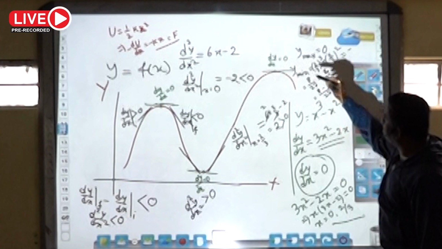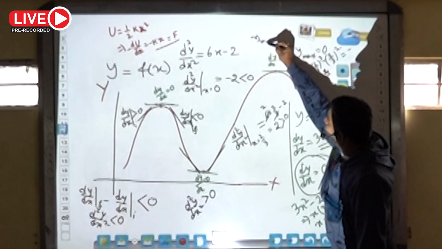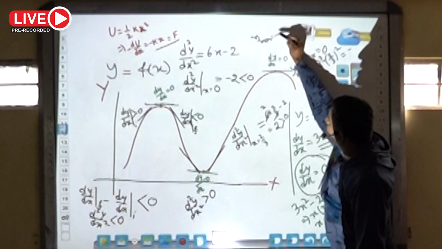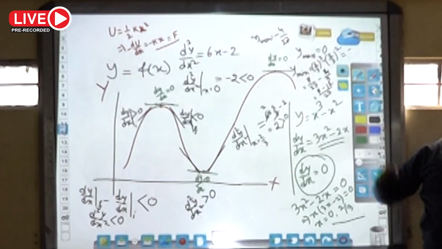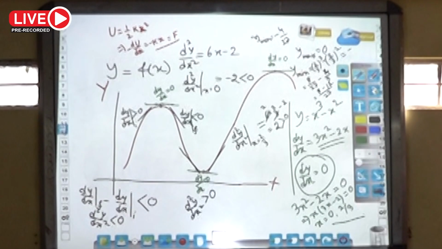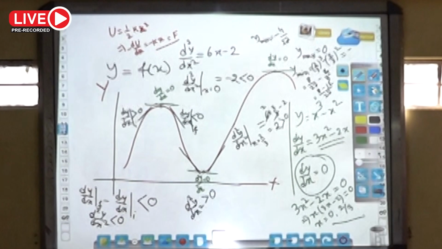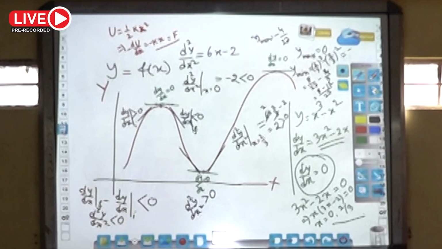So y minimum is minus 4 by 27. See, that is the minimum and 0 is the maximum. Okay. Now the minimum value is minus 4 by 27. The maximum value of the function is 0. Clear?